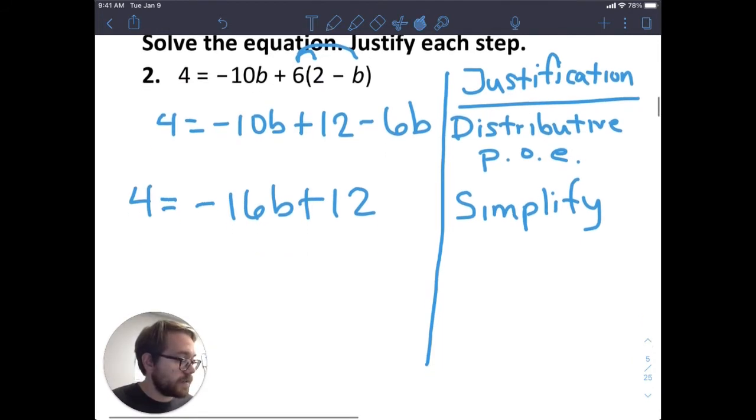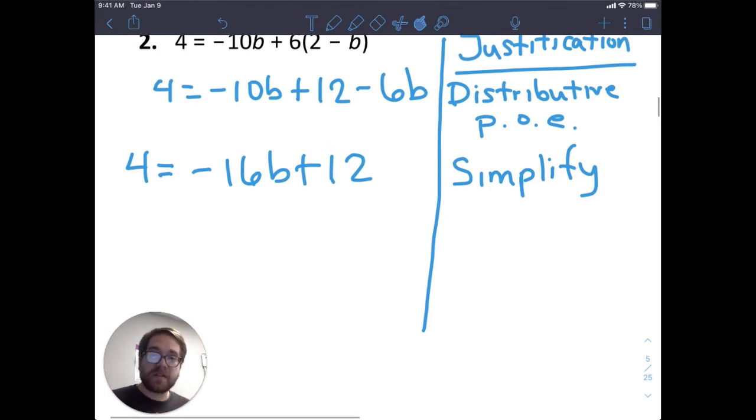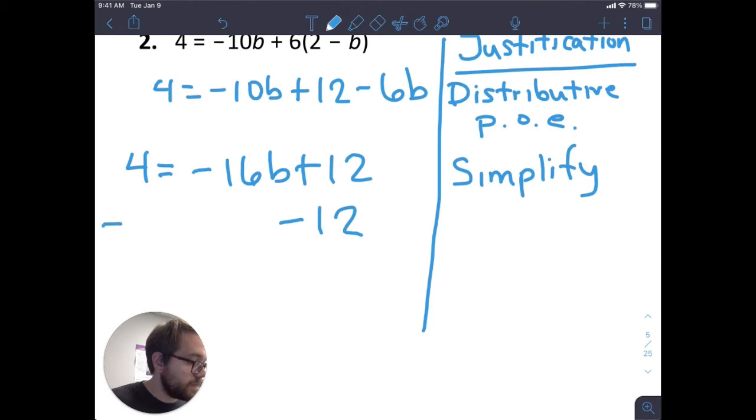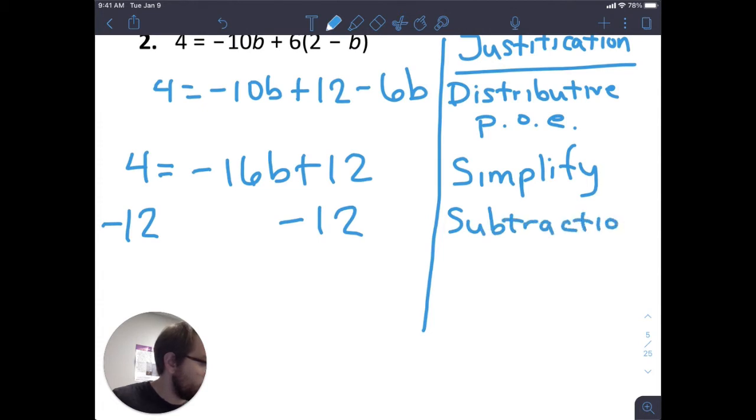What should we do next? Remember, we're trying to solve this equation and then just give our reasonings for it as we go. So 4 is equal to negative 16b plus 12. Well, I want to figure out what b is equal to, so I'm going to subtract 12. And that would be the subtraction property of equality, because I subtracted it from both sides of the equal sign.